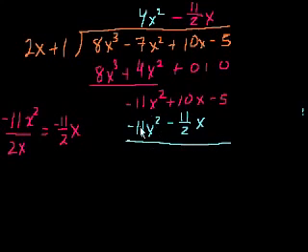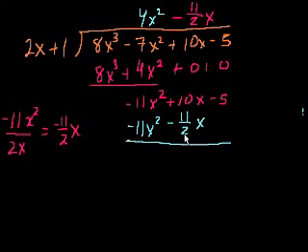Fair enough. Now let's subtract this expression from this, and we'll get our new intermediary remainder, and maybe that'll be the full remainder. So minus 11x squared minus minus 11x squared, that's 0, so we don't have to write anything there. 10x minus negative 11 halves x. So remember, we're subtracting this negative number from 10x.